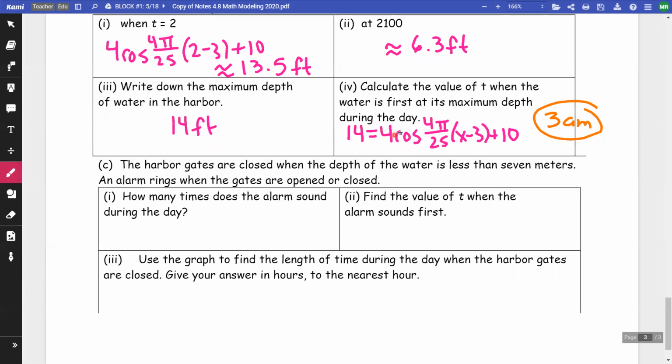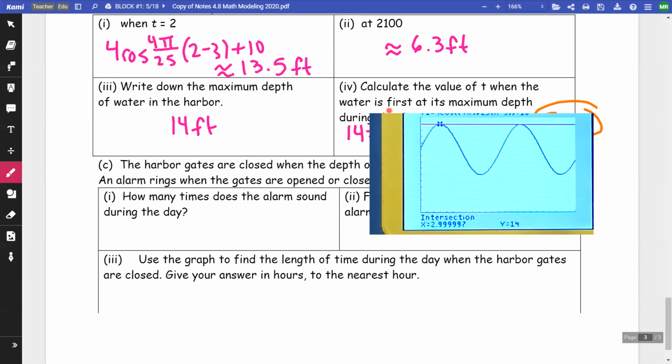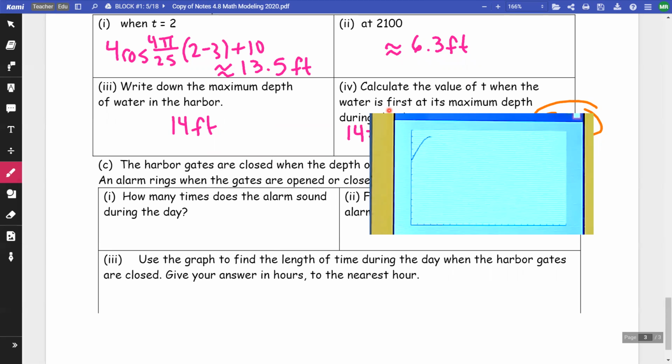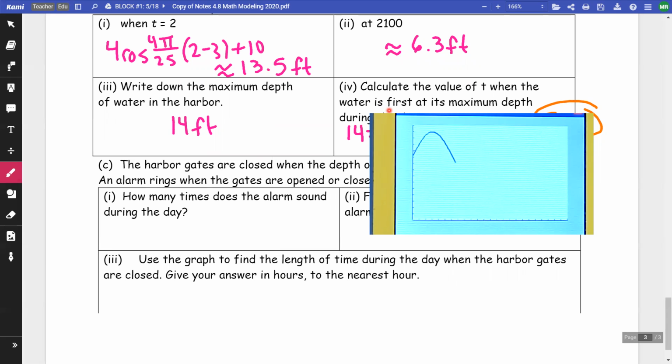Okay, so if I go back to my graphing calculator and I go back to y equal and I change this to 7, okay, and I hit graph, and I want to see how many times my y equals 7 line crosses this.